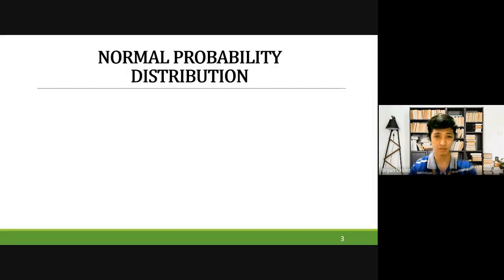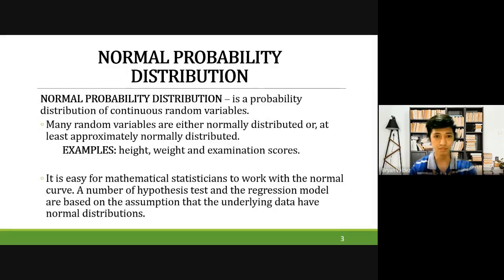So let's define first what is normal probability distribution. A normal probability distribution is a probability distribution of continuous random variables. Tandaan lang natin, no? Normal probability distribution, distribution of continuous random variables.